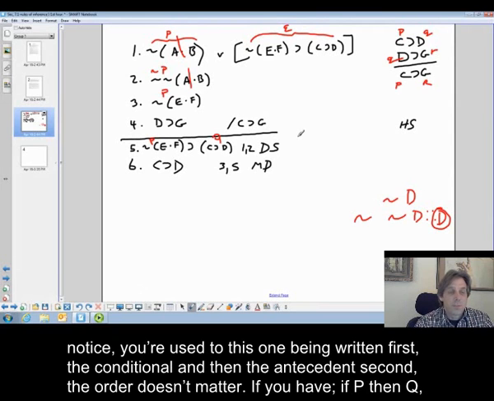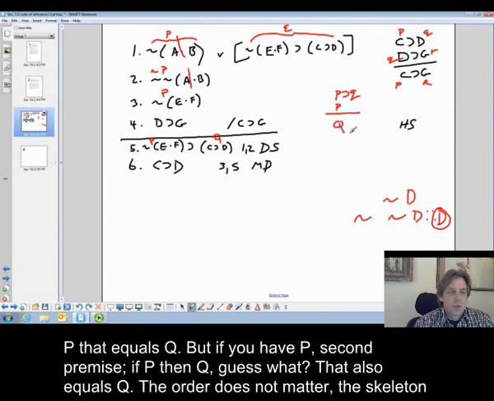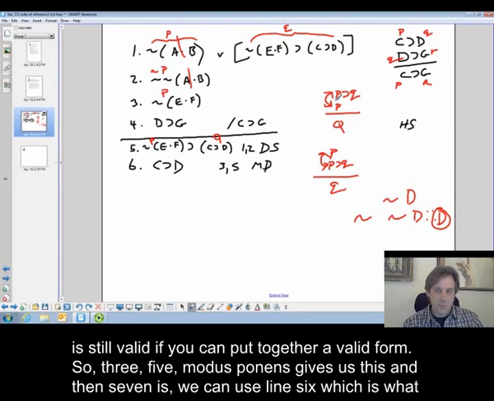The order doesn't matter. If you have if P, then Q, P, that equals Q. But if you have P, second premise, if P, then Q, guess what? That also equals Q. The order does not matter. Okay? The skeleton is still valid if you can put together a valid form. So 3, 5 modus ponens gives us this.